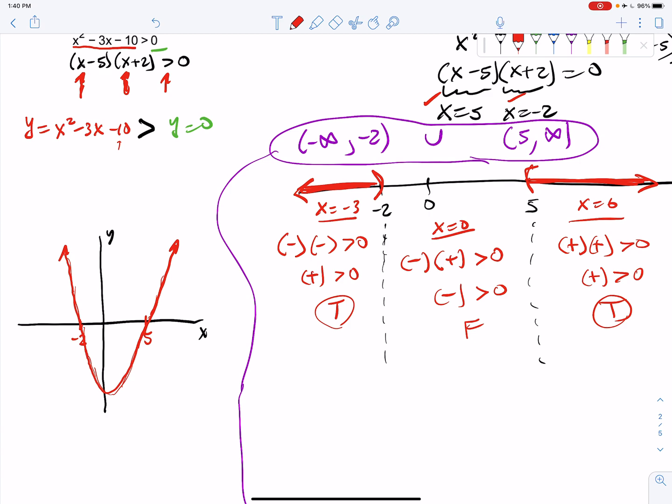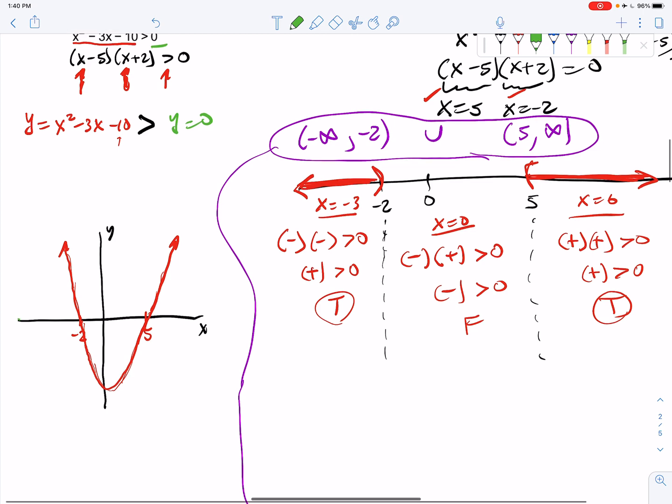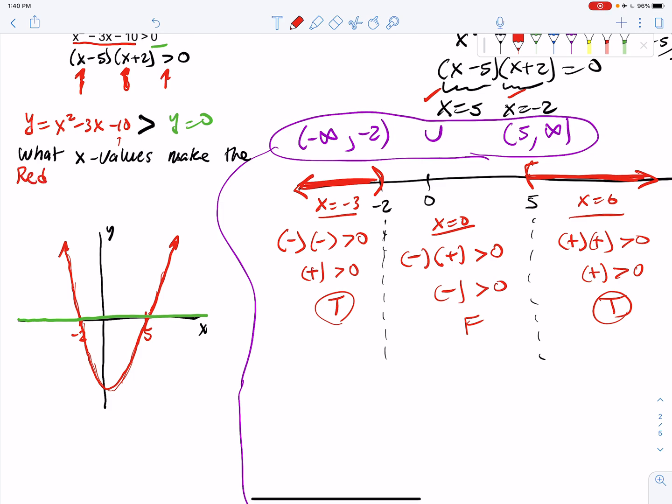Okay, and now what? We have the green, y equals 0, that's a horizontal line at 0. So in a way, what this is saying is what x values make the red taller.